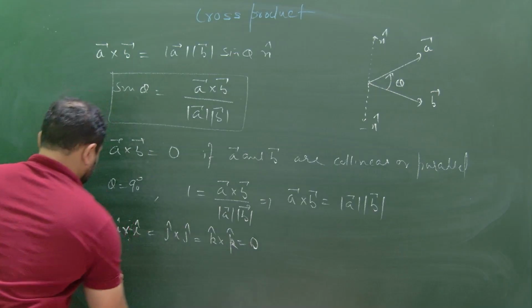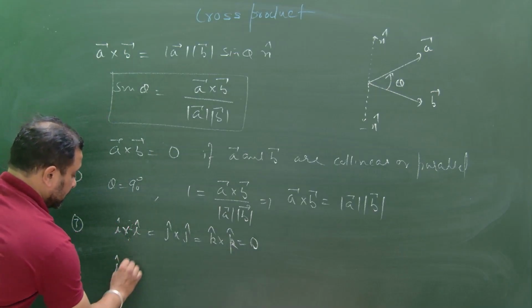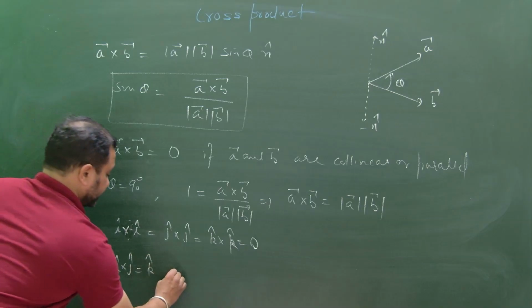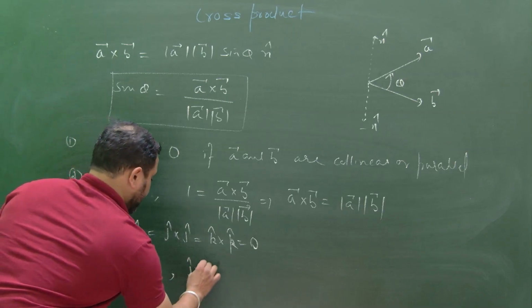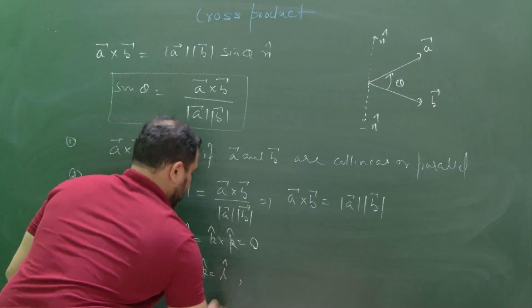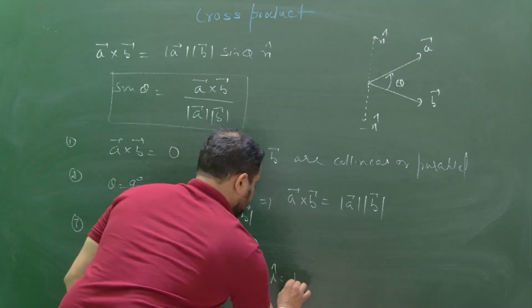Now the cross product of i cross j is equal to k cap. The cross product of j and k is i cap, and k cross i is j cap.